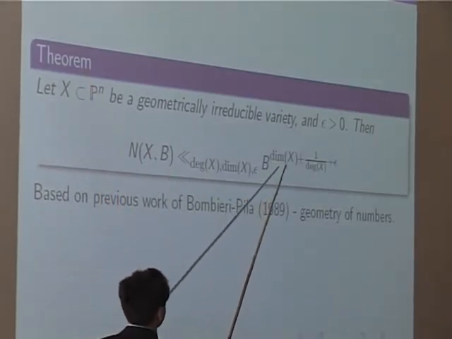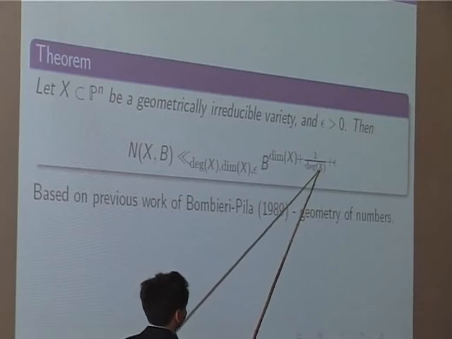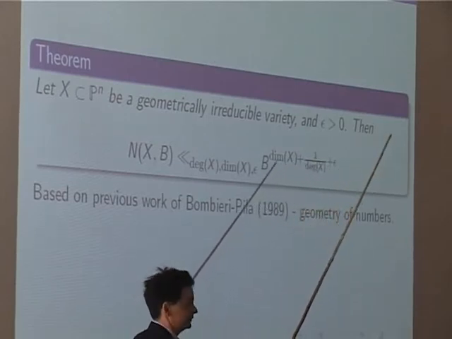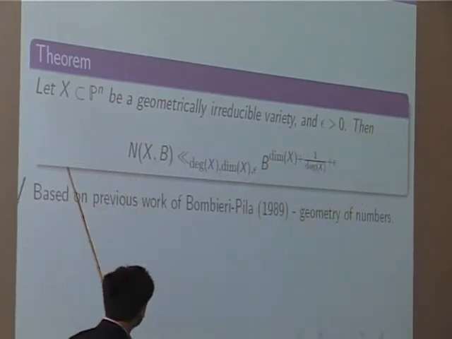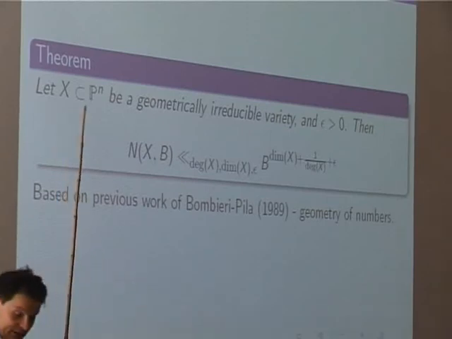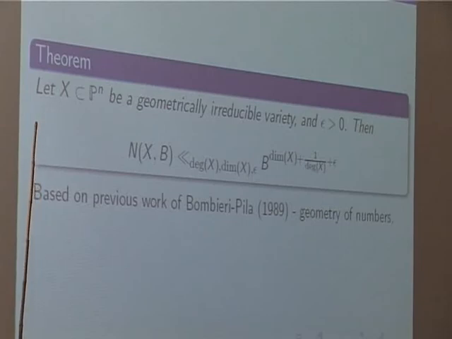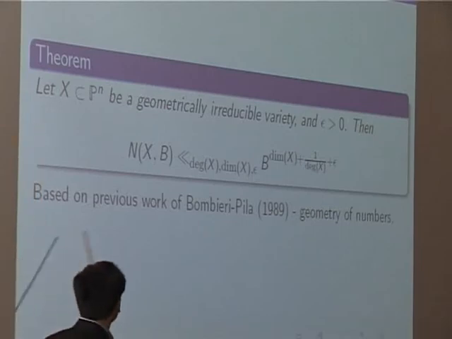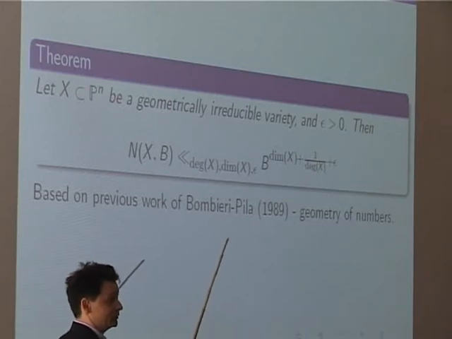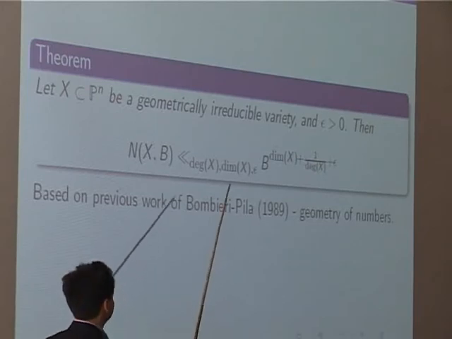So basically, dimension plus something, which is 1 over degree, plus epsilon. All right, but uniform. Remember our heuristic, it was n plus 1 minus d, where d was the degree. So if the degree is bigger than 2, then certainly better than b to the dimension, right?